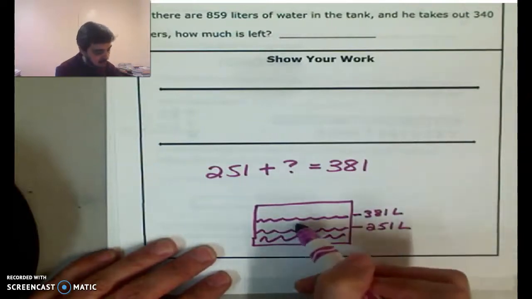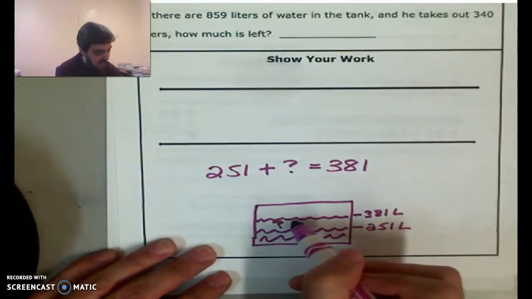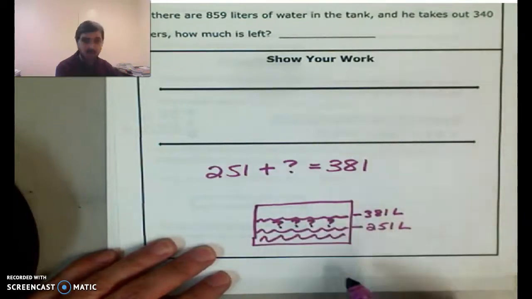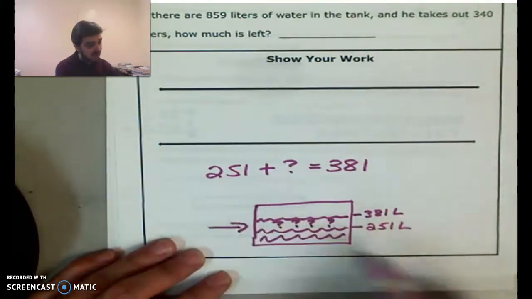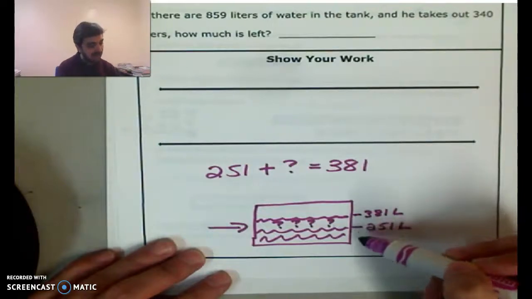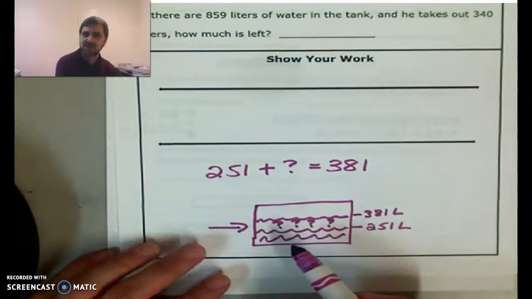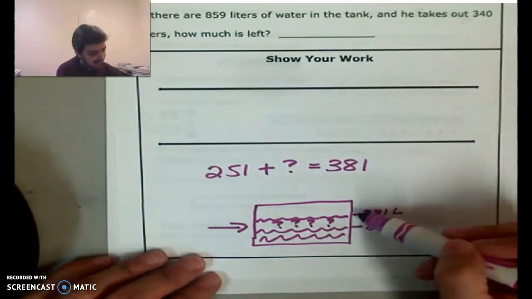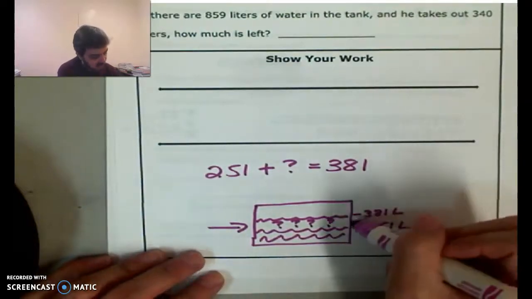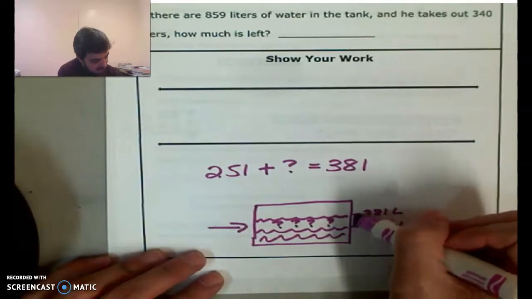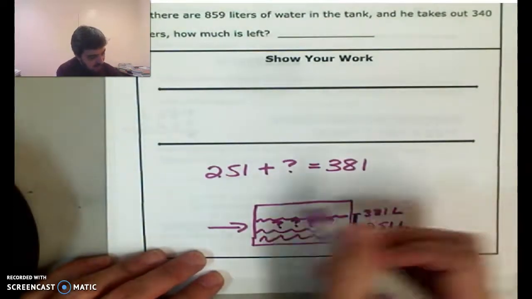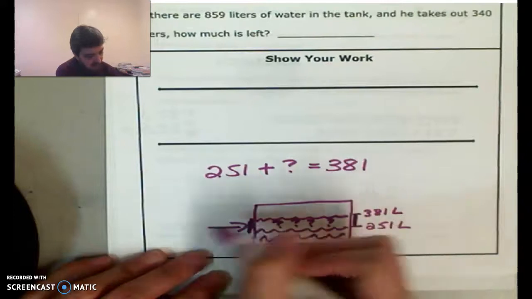What we don't know is how much did he add? I'm going to put little question marks in here. But if we add 251 on top of 381, that's not going to give us the answer. That doesn't make any sense, right? So we have to find the difference between these two numbers, between here and here.